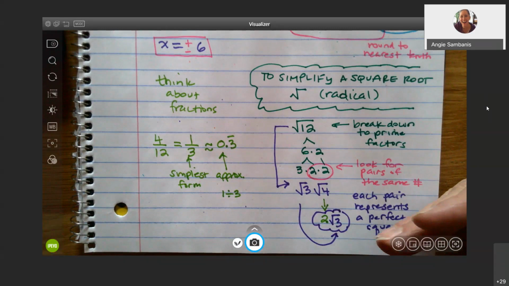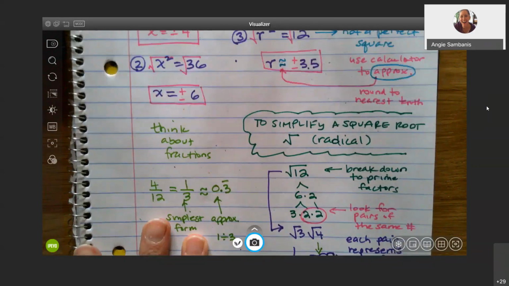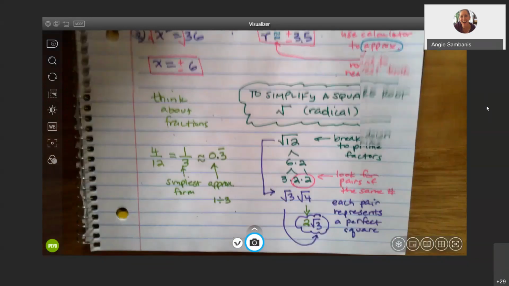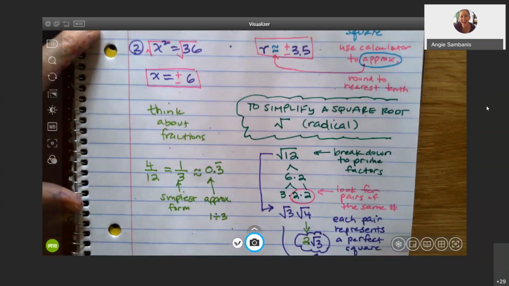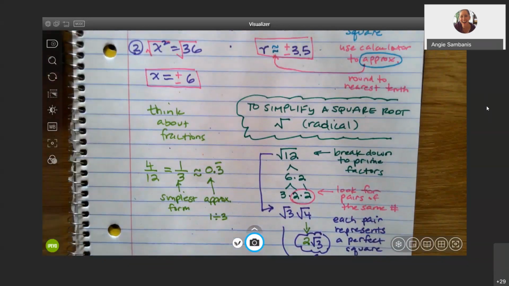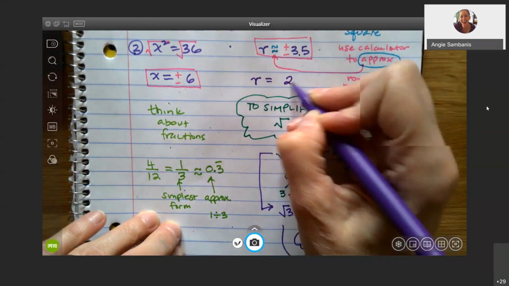I'm not going to quiz you on it, but you're going to see both answers in the homework. So if we go back up here, we have our approximate answer, 3.5, and we also have our simplest form answer, which would be 2 radical 3.